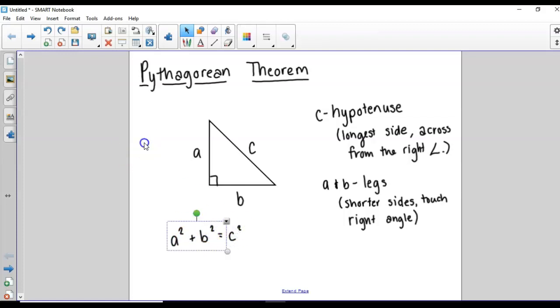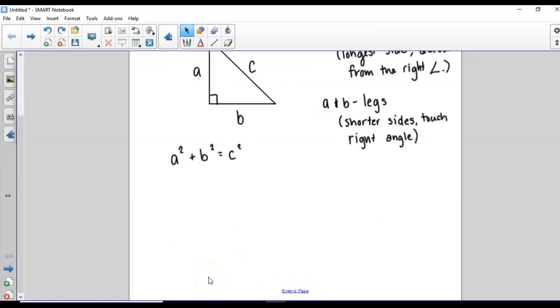Whenever Hunter was little, like 4 or 5 years old, I would teach him formulas just so he could impress people. And so he knew the Pythagorean theorem was A squared plus B squared equals C squared. I haven't told him that in a while. I don't know if he still knows it, because he obviously was just memorizing something he didn't know what it meant. But whenever he was in kindergarten, he was here after school one day, and he was going to write the Pythagorean theorem on the board for me.